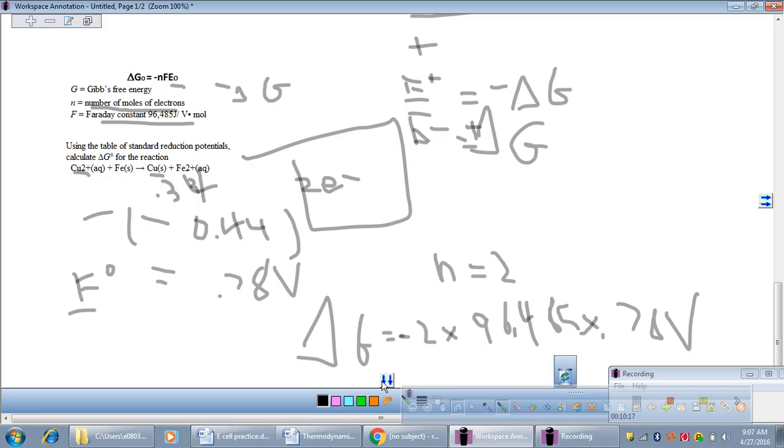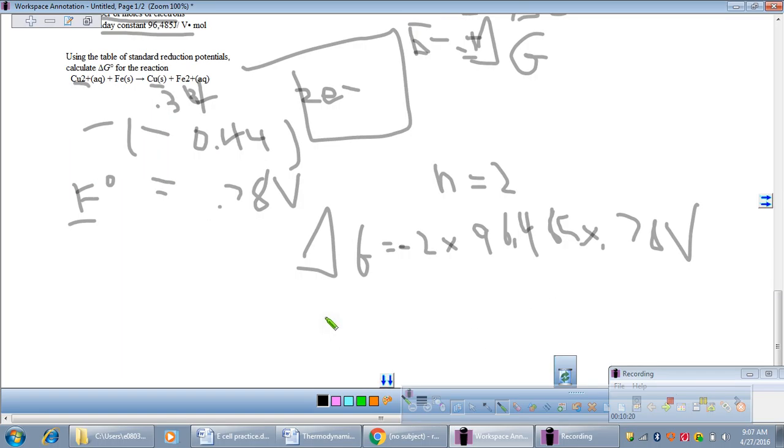It's going to give you a negative delta G. But if we want to know what our delta G is, we plug it into our calculators, we round to sig figs, and the units cancel out and leave you in joules. So it's negative 150,000 joules is our delta G, so it's thermodynamically favorable. All right, that's it.